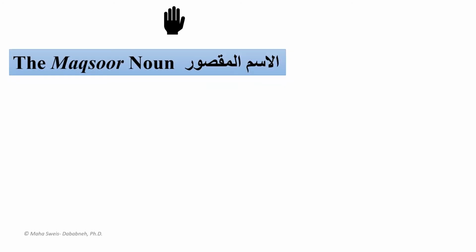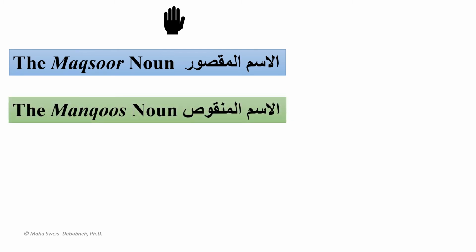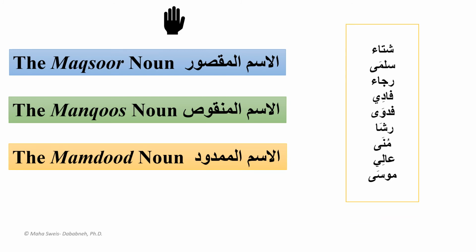Now it's your turn. الاسم المقصور، الاسم المنقوص، الاسم الممدود. And you have a list of vocab of words. Mix and match. Try to think. شتاء, the first one. It goes under which categories?